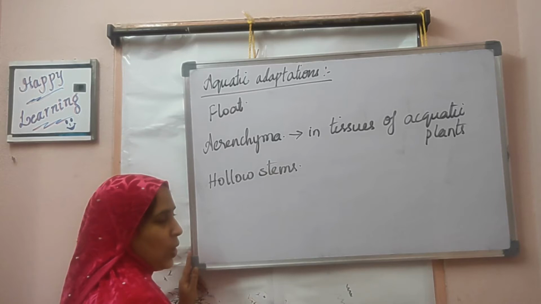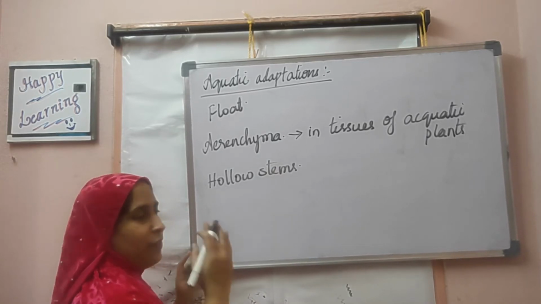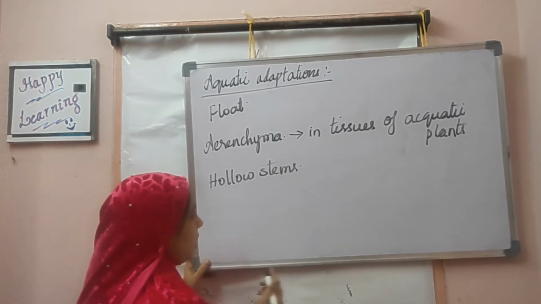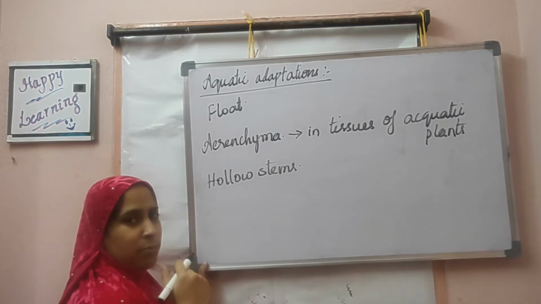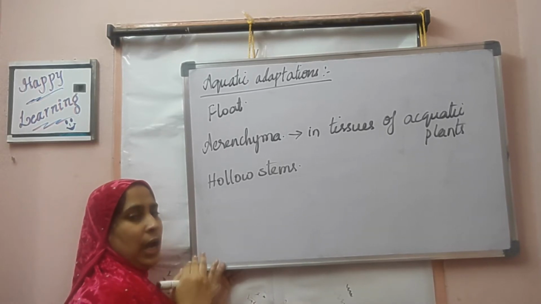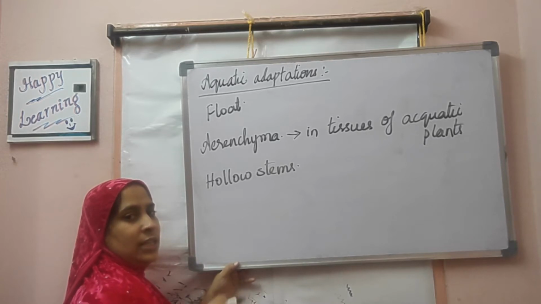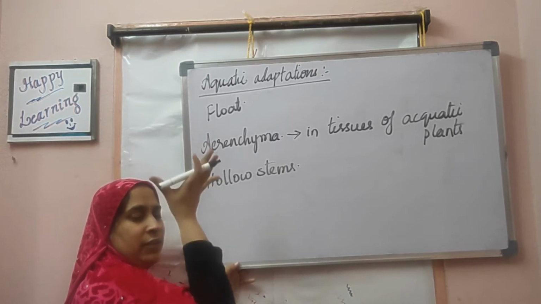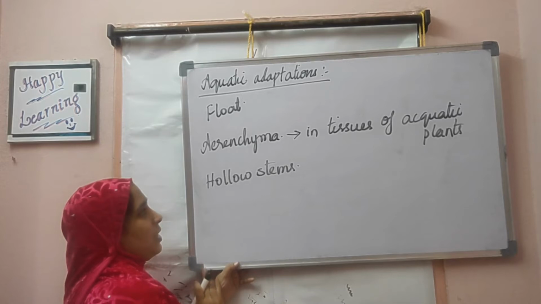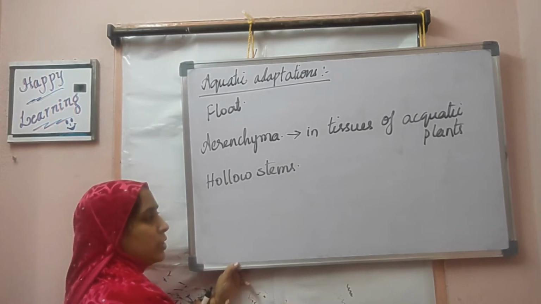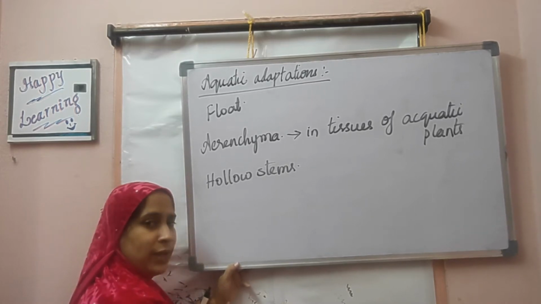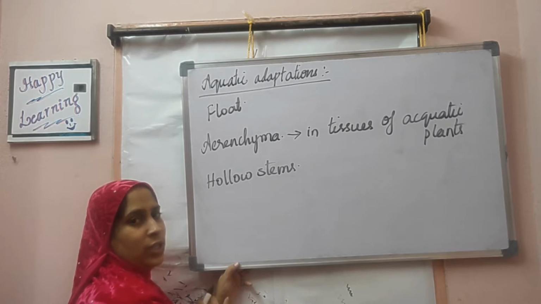Hollow stems also help them to move very flexibly inside the water and float. The stem floats to the height of the water, especially in lotus and water lily. The stem floats and the leaf is on the surface of the water. That is because of these hollow stems. It gives not only flexibility to the plant when water is moving.